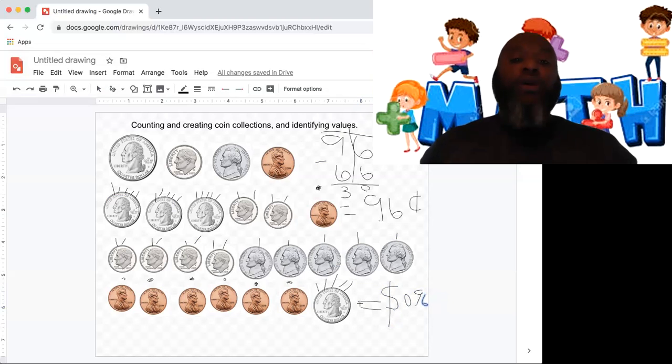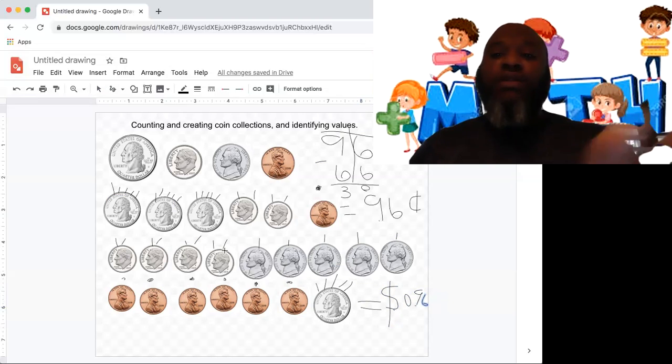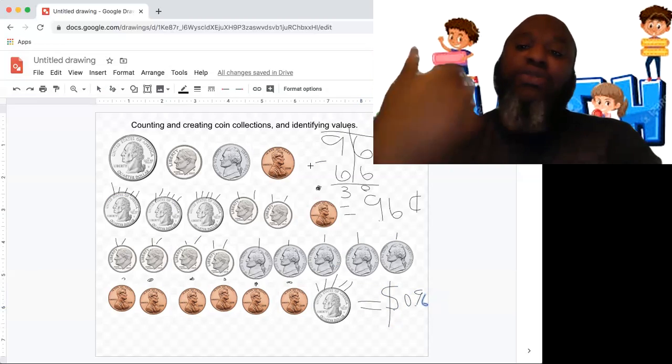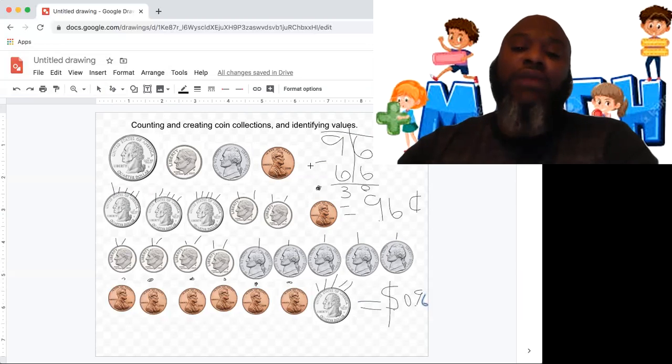All right. So if you couldn't tell, I used the money strategy, or the Harry Money strategy, to get all of my values. I also used the regrouping technique to make sure that I had the correct amount because I didn't have it the first time.